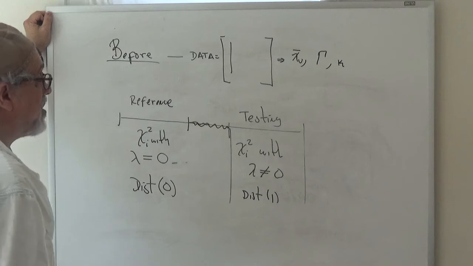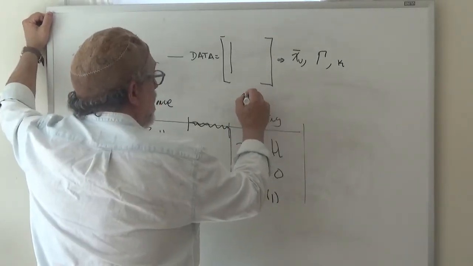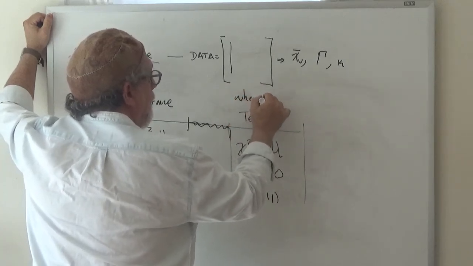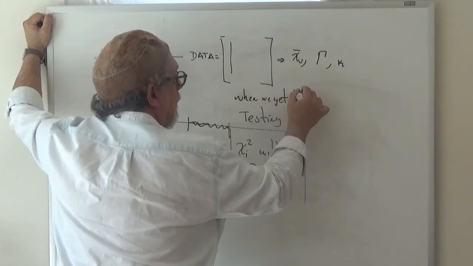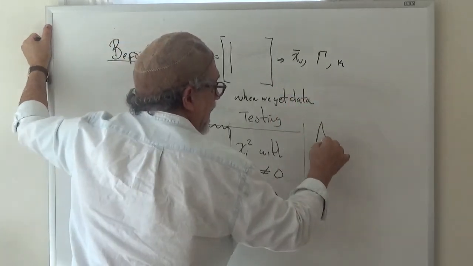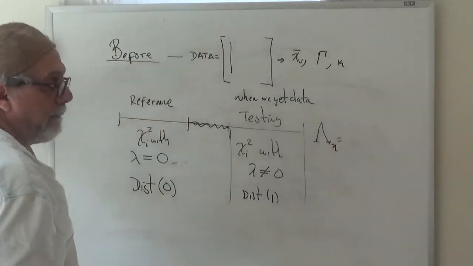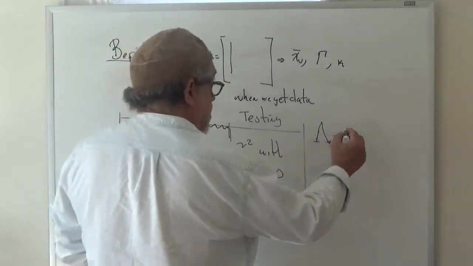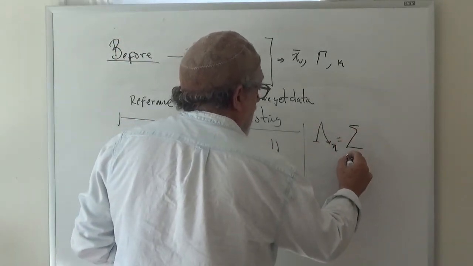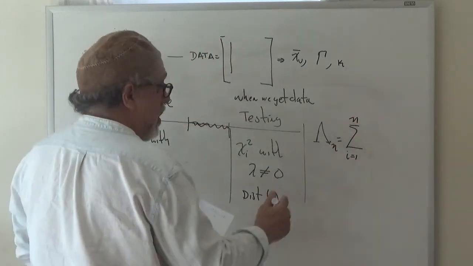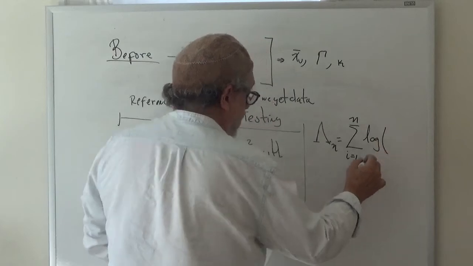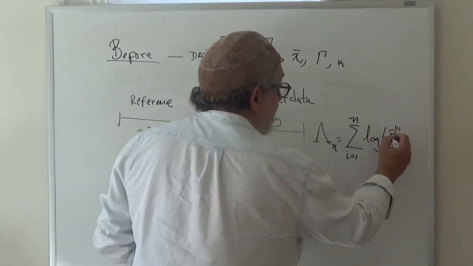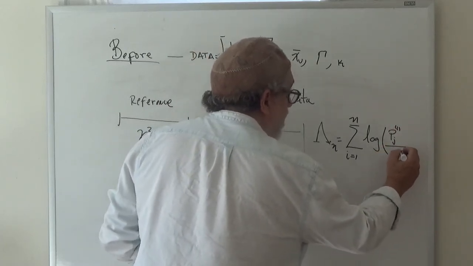So what we test when we get data, we calculate lambda n, right? Capital lambda n, which is our summation from i=1 to n, as discussed before, of the log of the ratio of the probability of j from distribution 1 divided by the probability of j on distribution 0.